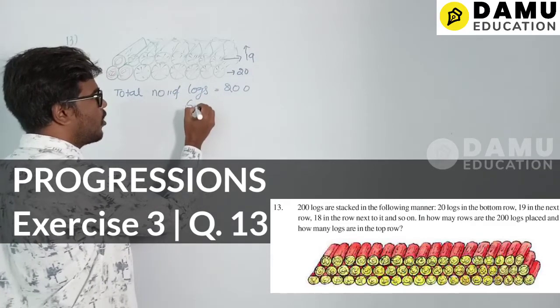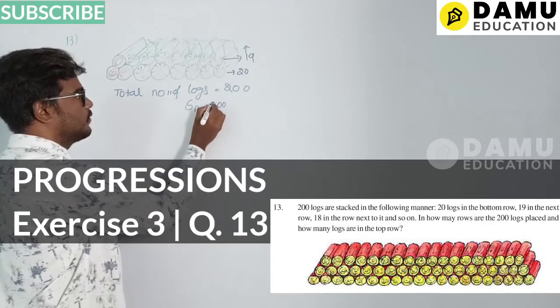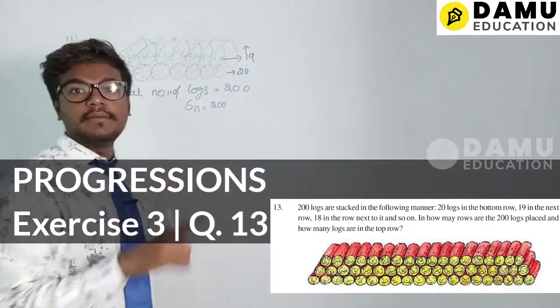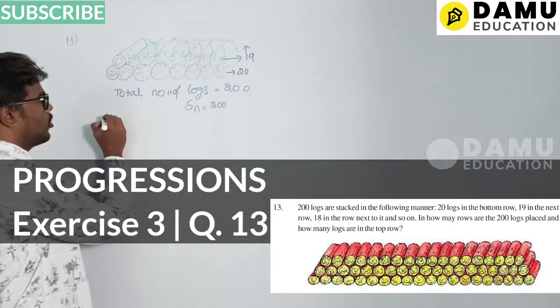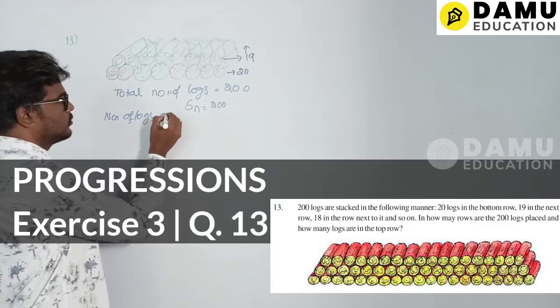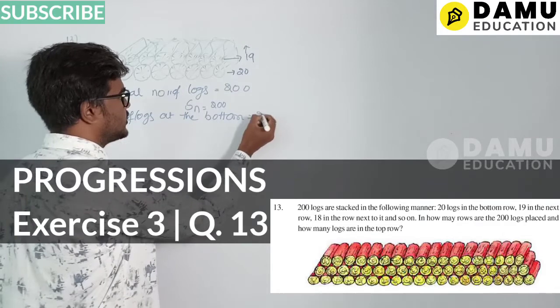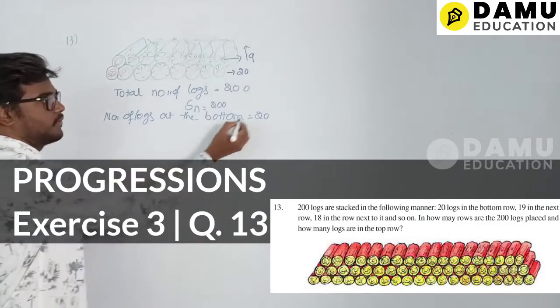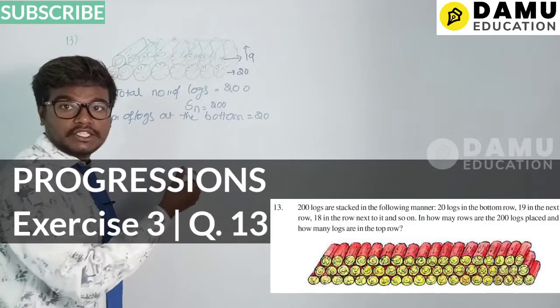So this is the sum of n terms, so the sum will be equal to 200 total logs. Number of logs at the bottom level is 20, then number of logs above the bottom is 19, like that.